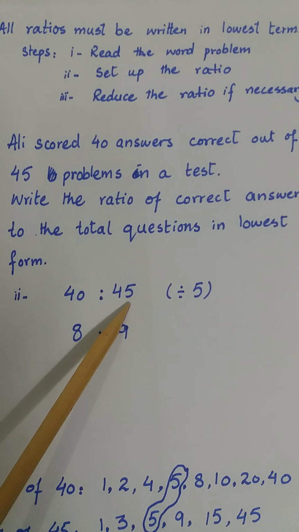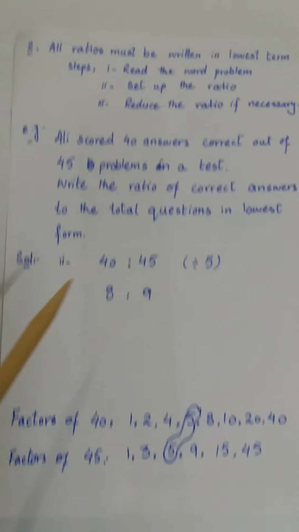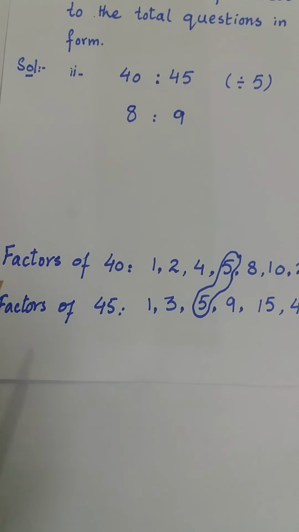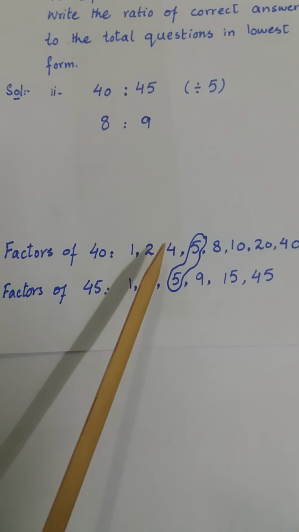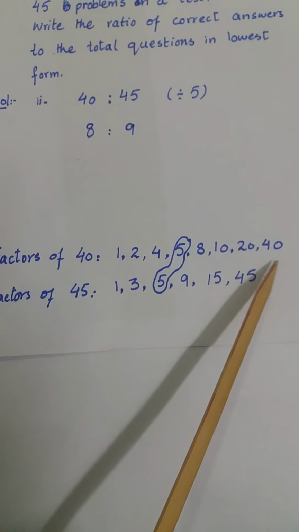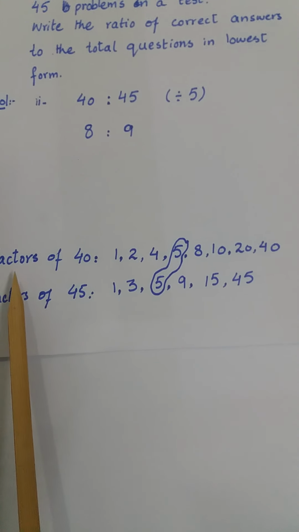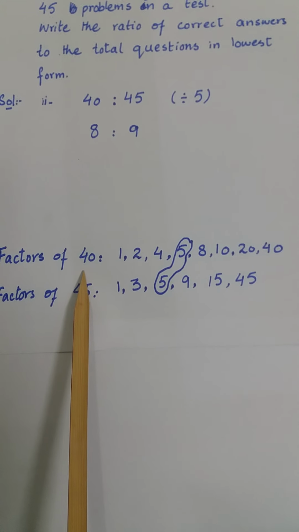Now how to identify which number is going to divide these two? For this, you will write down the factors of both numbers. Factors of 40 are 1, 2, 4, 5, 8, 10, 20, 40. Factors mean we have listed all those numbers which can divide 40.